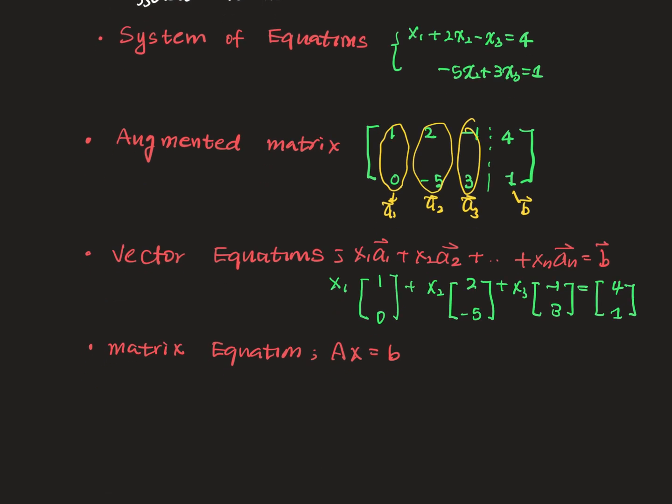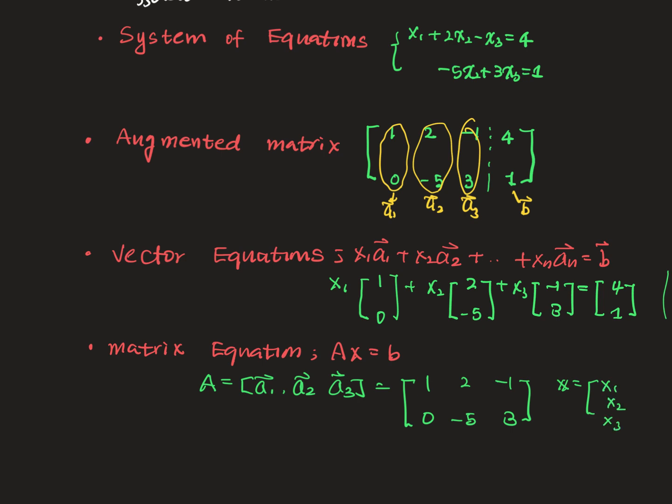How about the matrix equation? The matrix equation combines all the columns into matrix A. Matrix A is the a1 vector, a2 vector, a3 vector, which is 1, 0, 2, negative 5, negative 1, and 3. The x vector is x1, x2, x3.